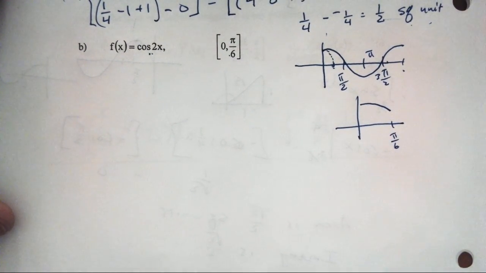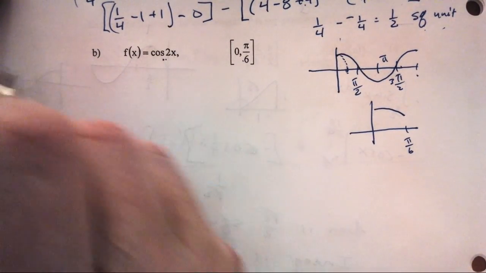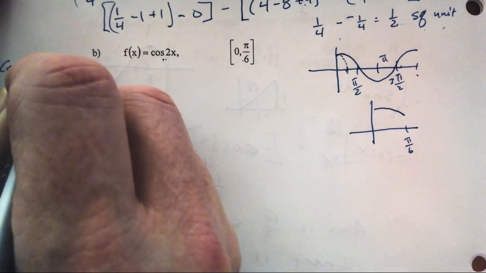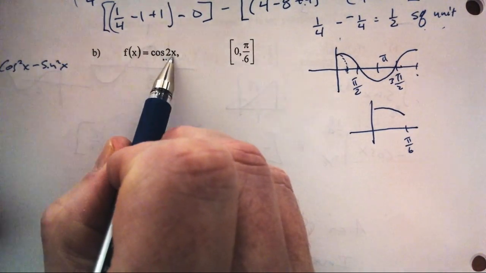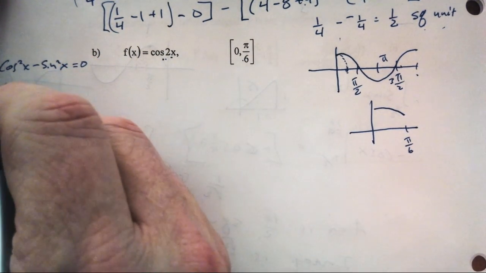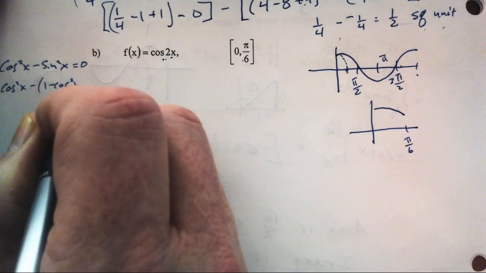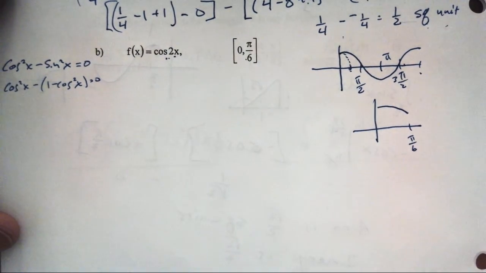all above the x-axis. Now, other options for this: you could say cosine double angle is cosine squared of x minus sine squared of x. Or we could even solve this for 0, but I'm going to go this way. Equals 0. We could go cosine squared of x minus 1 minus cosine squared, Pythagorean, equals 0. Again, solving the double angle might be easier.